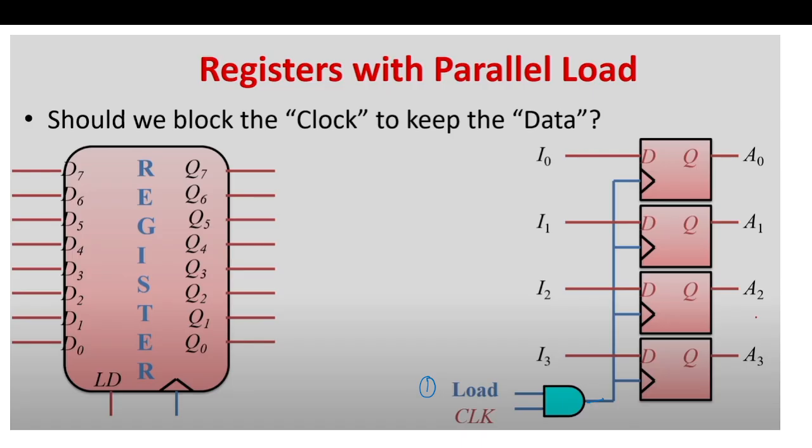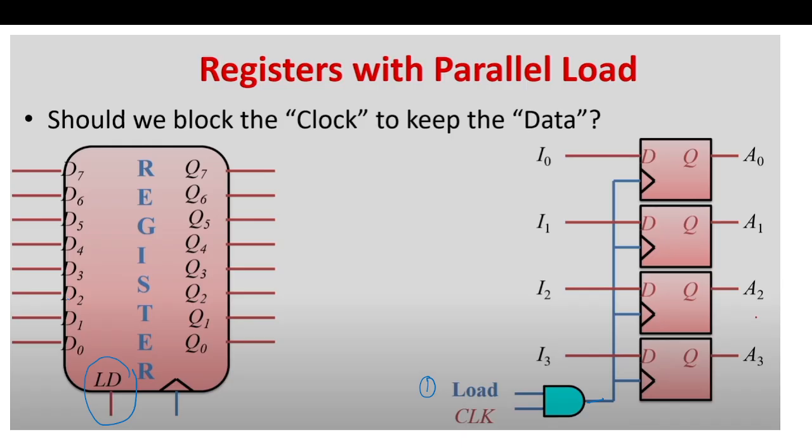The input will go to output. What will be the logic design, what will be the circuit for this load? That is what we are trying to analyze. So if the load is 1, we want the data to go to the Q, and if load is 0, we don't want that to disturb the output. So it should be the previous output.